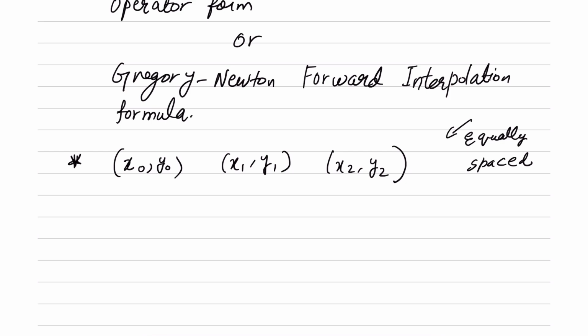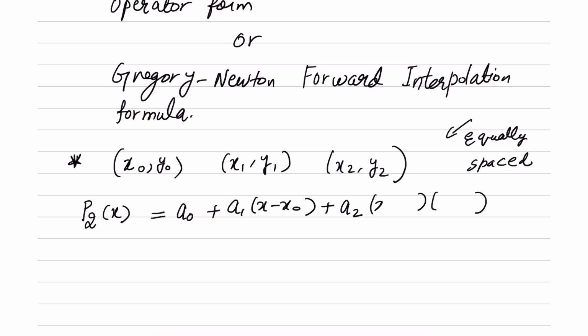So for 3 points, the maximum degree of a polynomial is 2, P2 of x, and Newton's polynomial is a0, plus a1 times a degree 1 factor. You are writing P2, so you stop at a2, which has 2 factors: one is the previous one and another is x minus x1.